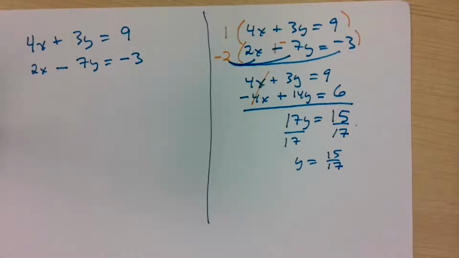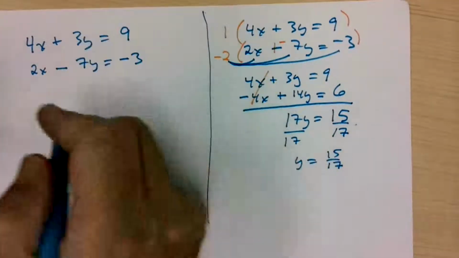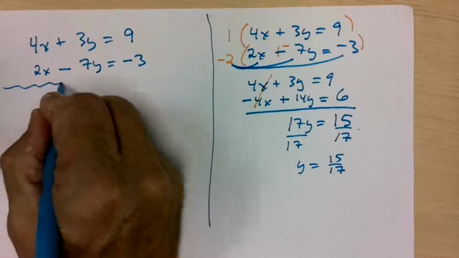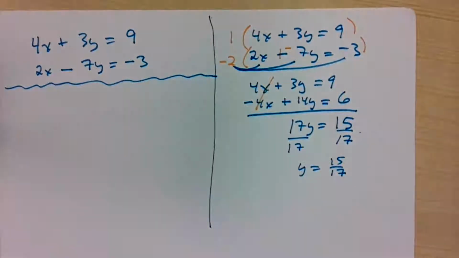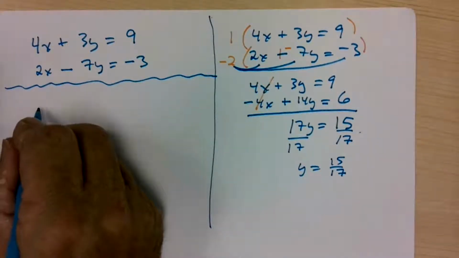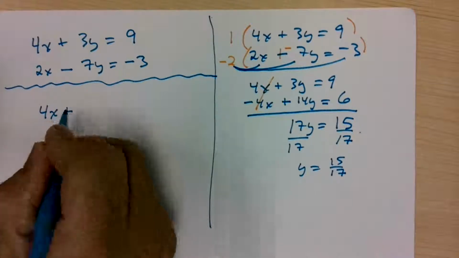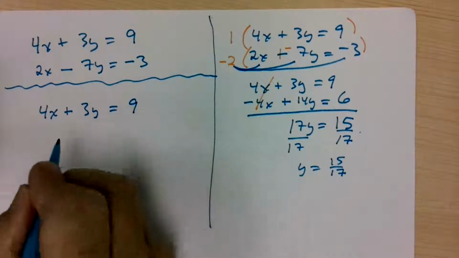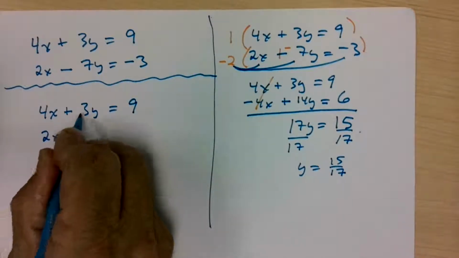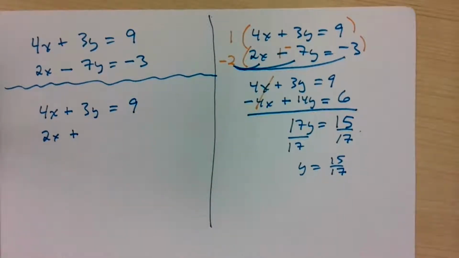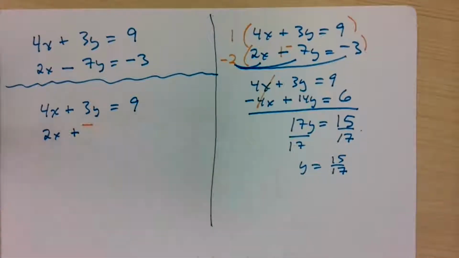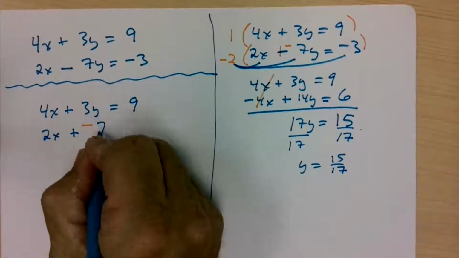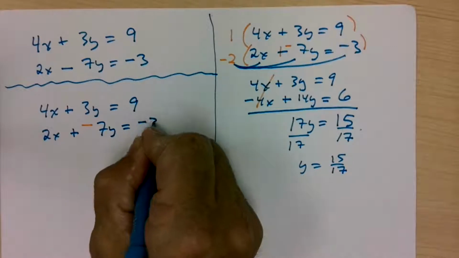What I will do instead is I'm now going to eliminate y's. So this I call the double elimination strategy. Let's write the equation down again. 4x plus 3y is 9, 2x plus -7y equals -3.